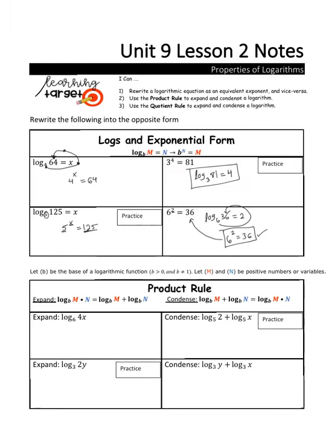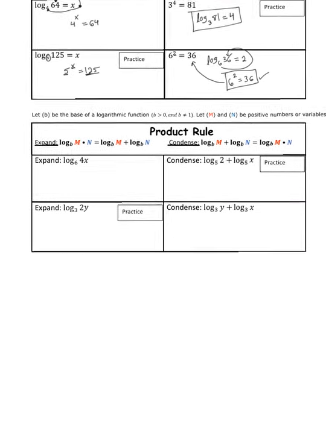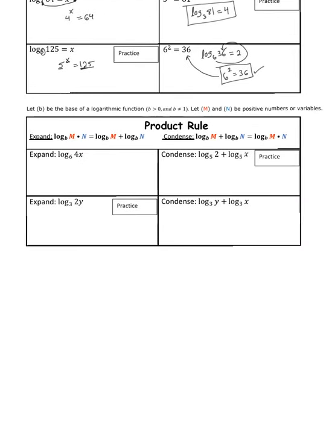So that top portion was just a review of what we did last week. Now let's look at some new content. The first thing we're going to be looking at is the product rule. The word product in math means that you are multiplying something together. So you have 2 options when you're looking at the product rule.